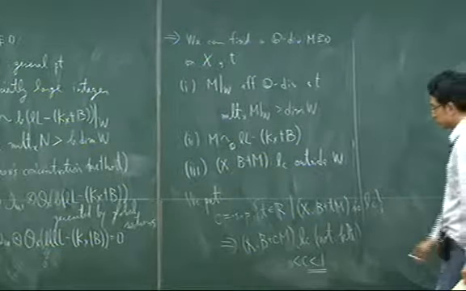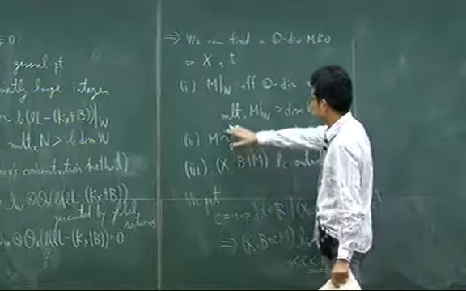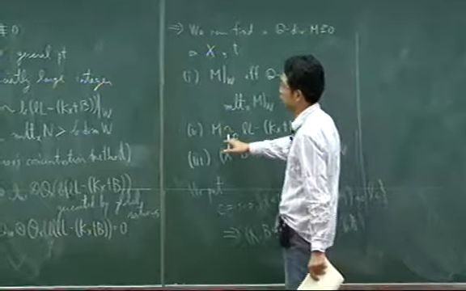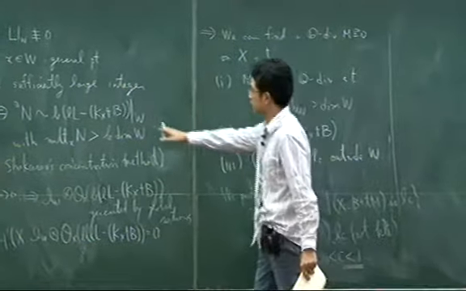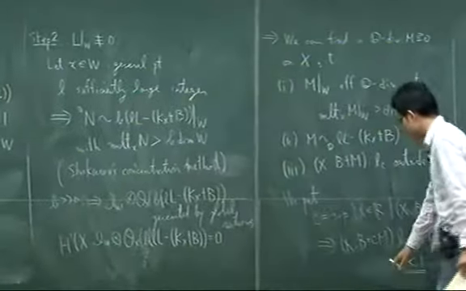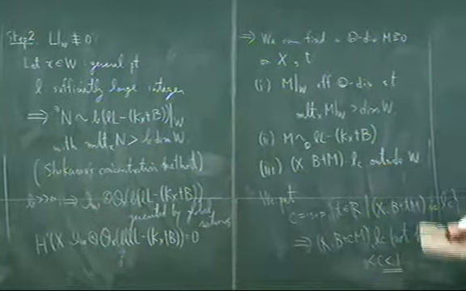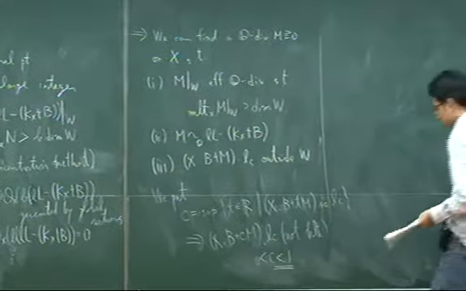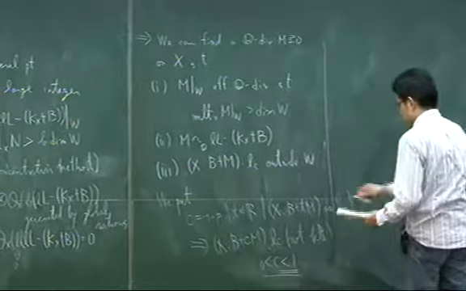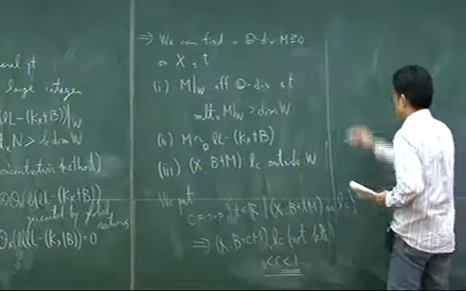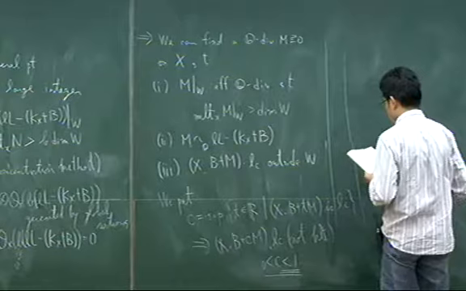And by the construction of M, M does not contain any log canonical center of K_X plus B, so c is positive. It's a very important and usual technique in the non-vanishing theorem.